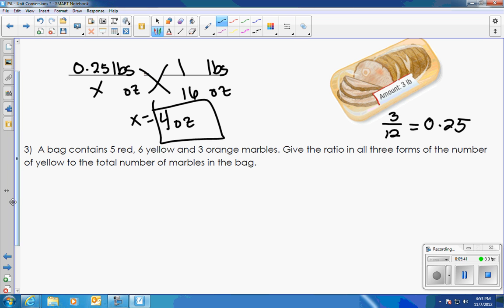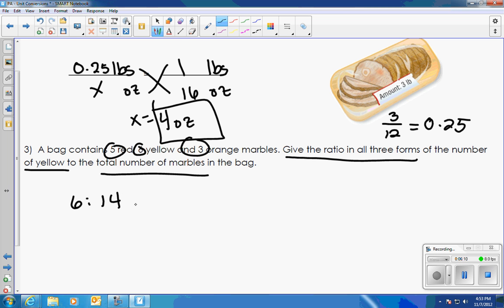A bag contains 5 red, 6 yellow, and 3 orange marbles. We're going to give that ratio in all 3 forms. If you watched the ratios, rates, and proportions video, we talked about how to write those ratios in all 3 forms, so we'll just review that now. We're going to be writing a ratio comparing the yellow to the total number of marbles. So I have 6 yellow marbles, and 6, 5, and 3 is going to be 14. So I have 6 to 14.